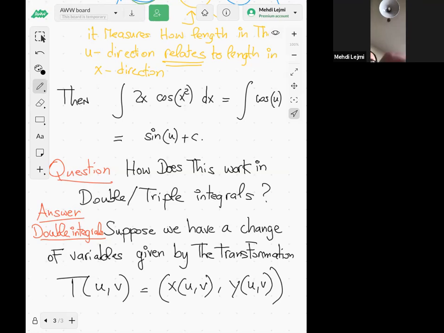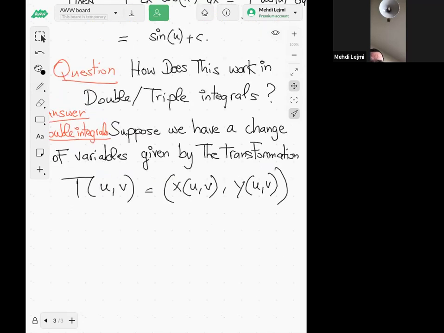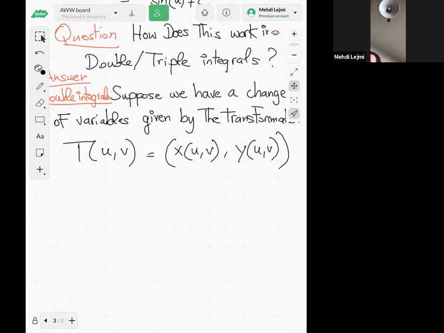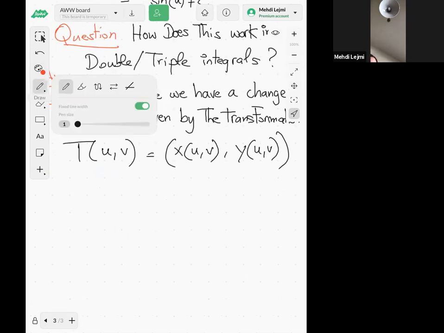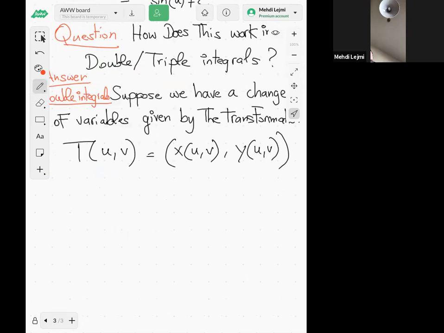Now, to do this change of variables in the double integrals, we're going to need the Jacobian. So, definition. And we're going to have a couple of examples, of course. But first, let me write down the definition of the Jacobian.